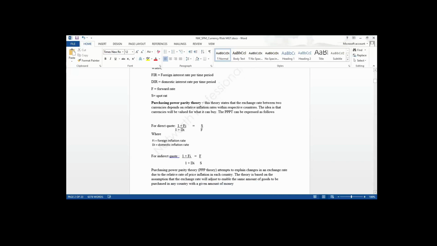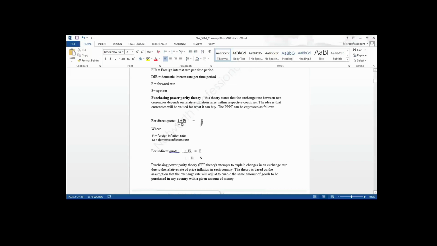For indirect quotes, you are going to have a slight change in the equation. F will move up, X will move down.